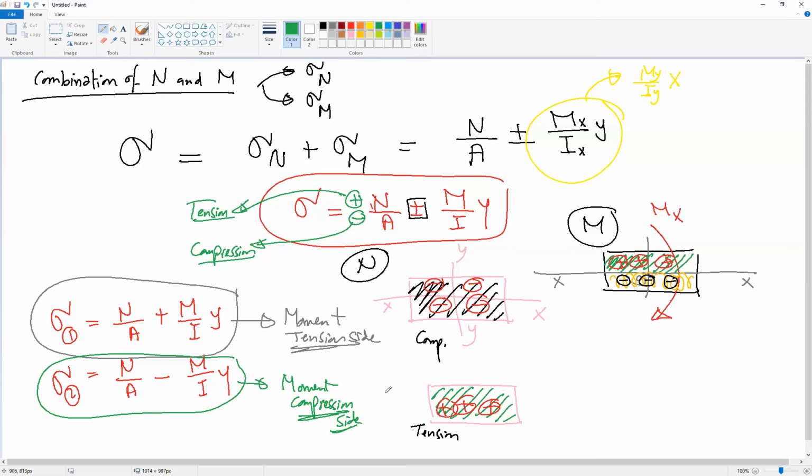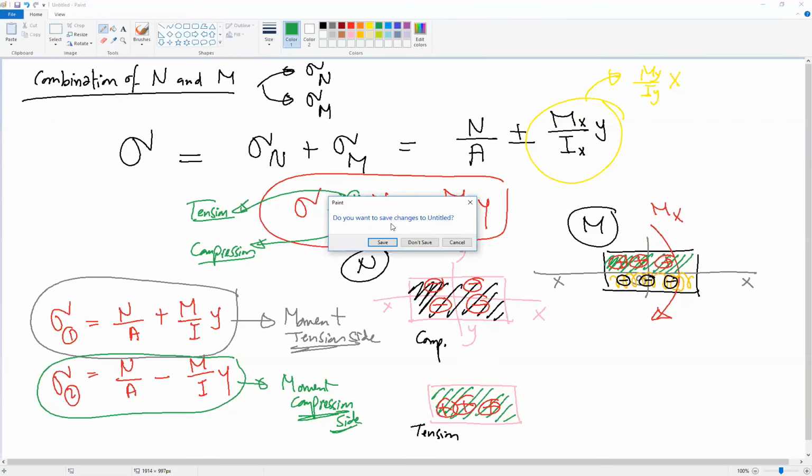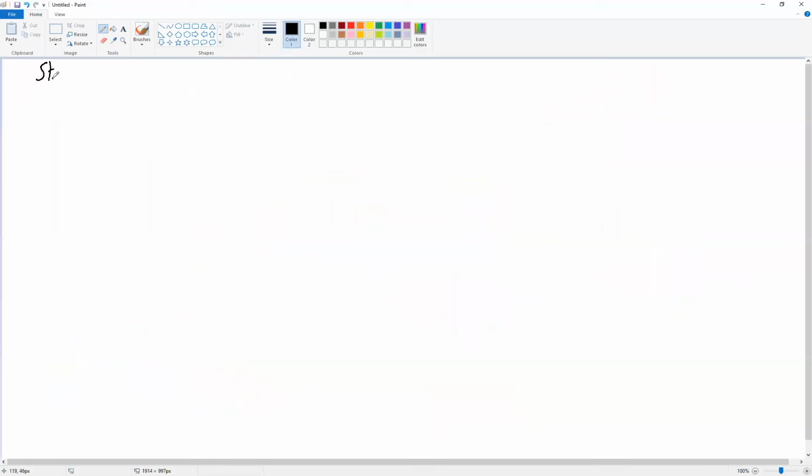Okay, so the second parameter I need to explain to you is the stress distribution over a section. You also need to know this one. Stress distribution means if we want to draw a graph or a figure for the stress over the whole section.